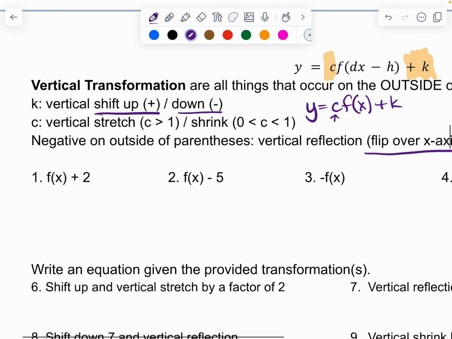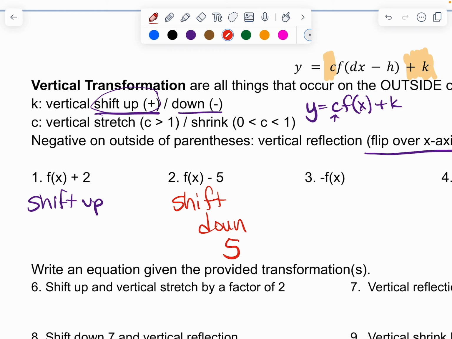Okay, so let's look at this. We're adding 2. So adding 2 means we're going to shift up. Okay, this one's subtracting, so that means we're going to shift down. Oh, I should have put the number down 5. So this one over here should have been shift up by 2. This one right here, it has the negative on the outside.